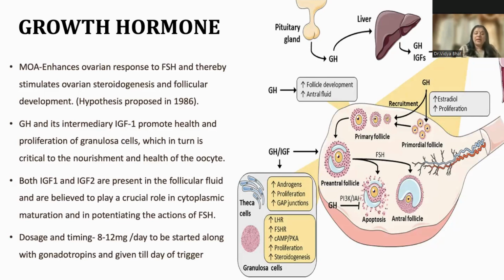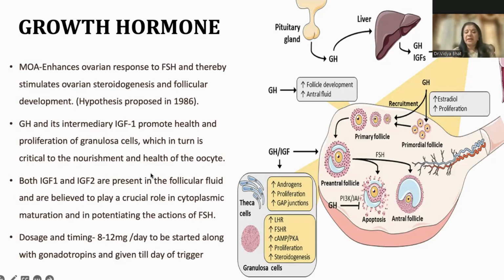Both insulin-like growth factor 1 and IGF-2 are present in the follicular fluid and are believed to play a crucial role in cytoplasmic maturation and in potentiating actions of FSH. The dosage and timing is 8 to 12 milligrams per day. It comes in a 4 milligram injection to be started along with gonadotrophins till we get the trigger.